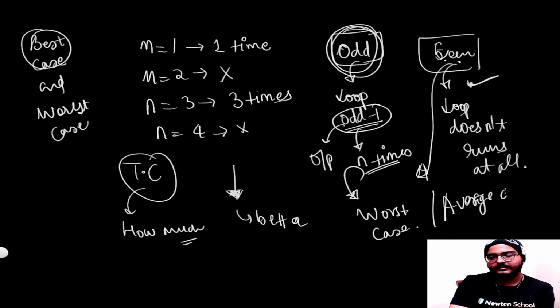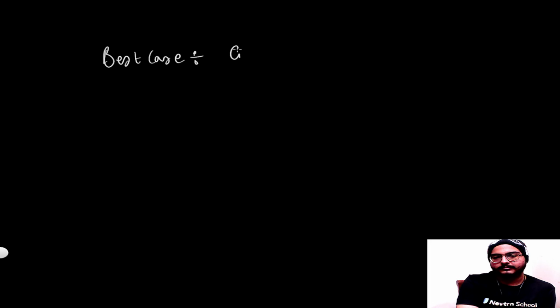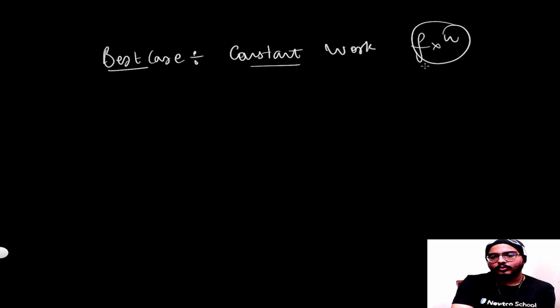Can we say that? Basically, what do I mean by best case, worst case and average case? Best case means constant work. Like I am sending the number. My best case means the particular program that I have made is doing a constant amount of work, not some kind of extra work.